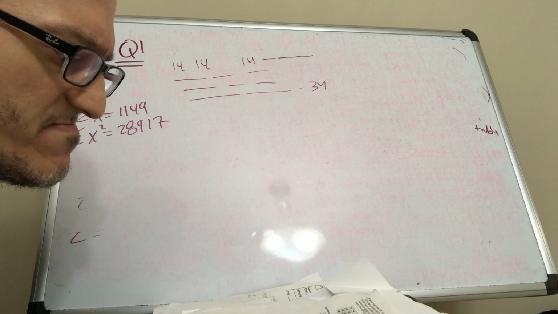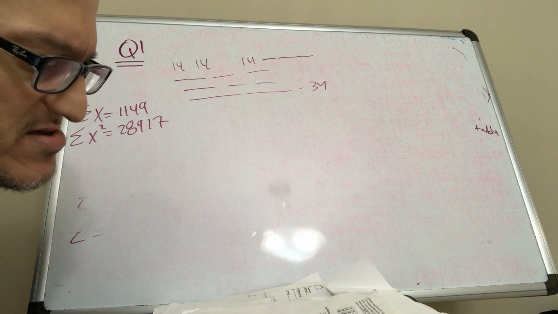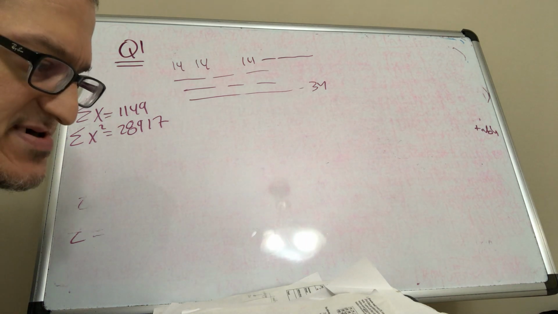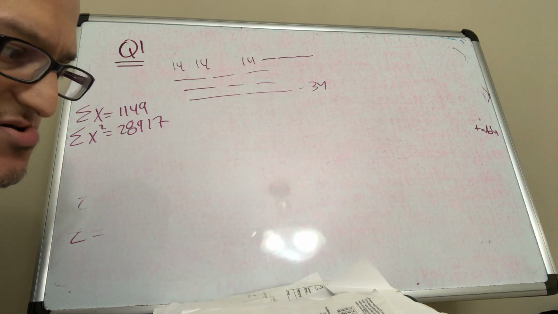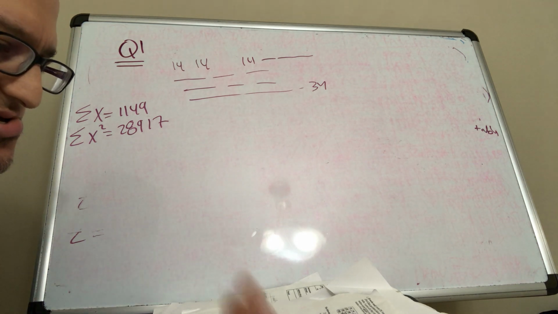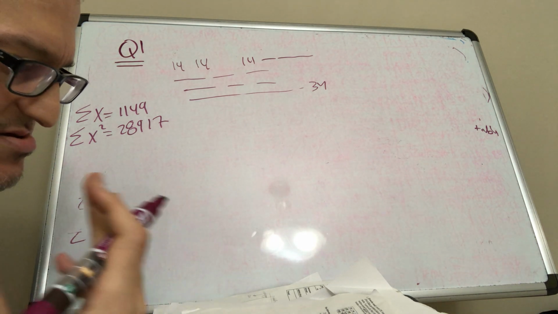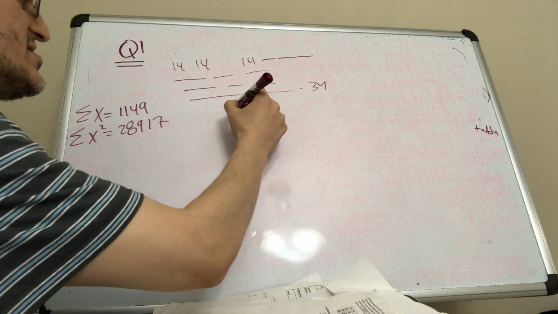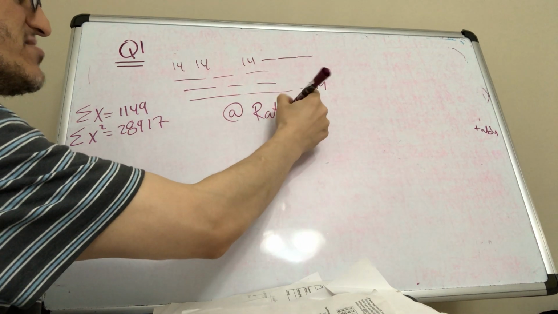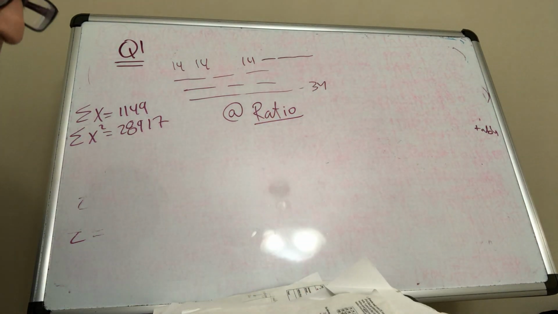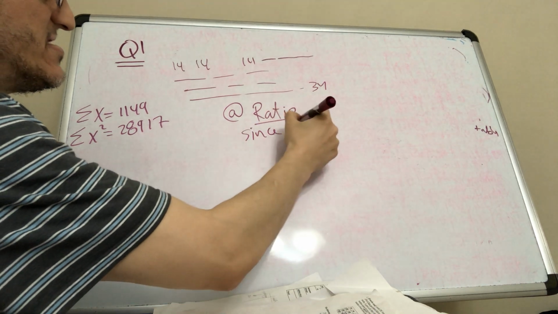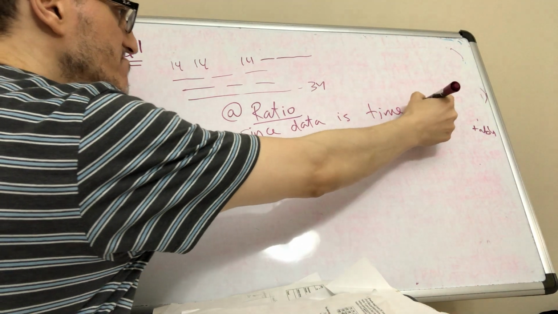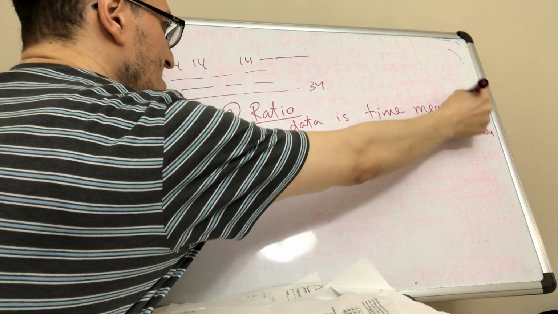What type or level of measurement does this data represent and why? Anytime the numbers given have a unit of measurement, like hours, inches, meters, liters, whatever, we say this type of numbers represents ratio, since the data is time measured in hours.